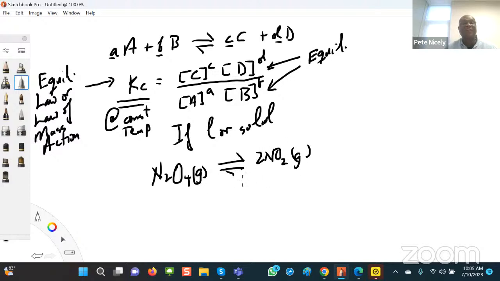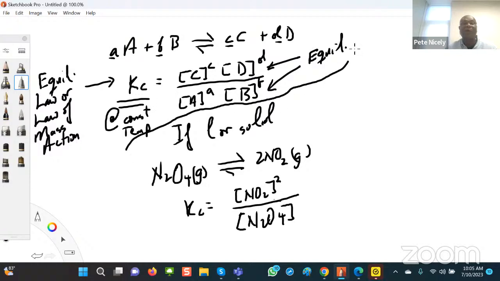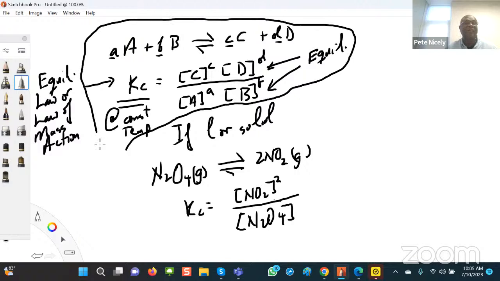In this case, Kc will be equal to the concentration of NO2 squared divided by the concentration of N2O4, and that's basically it. So we're just following the guideline established by what we looked at up here. That's how you'd write down the expression for Kc for that equation.